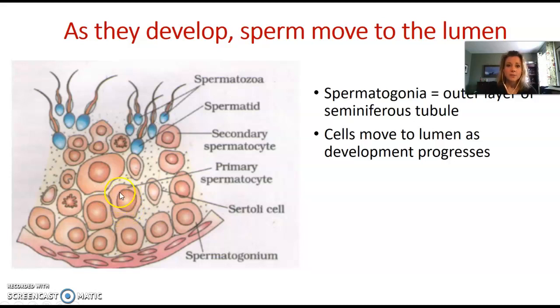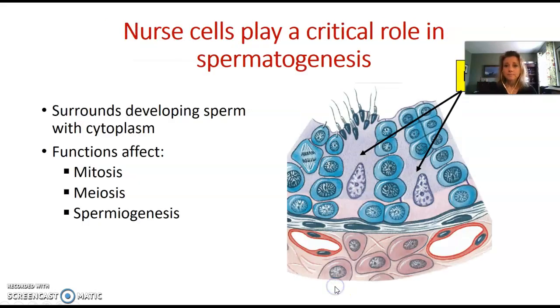This primary spermatocyte undergoes meiosis 1 to produce the secondary spermatocyte, and then the secondary spermatocyte undergoes meiosis 2, and we get the spermatids. It's the spermatids that are going to undergo spermiogenesis in order to form the spermatozoa, which will then enter the lumen of the seminiferous tubule and migrate down to the tail of the epididymis.